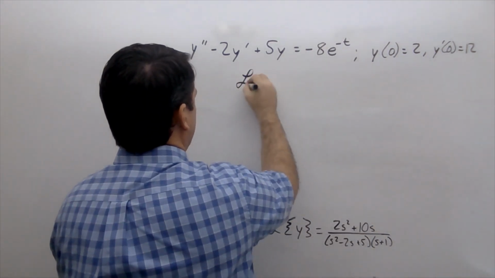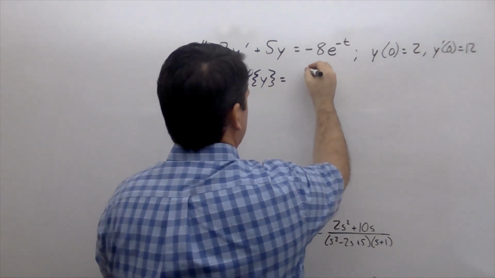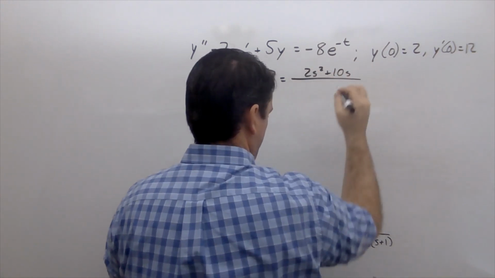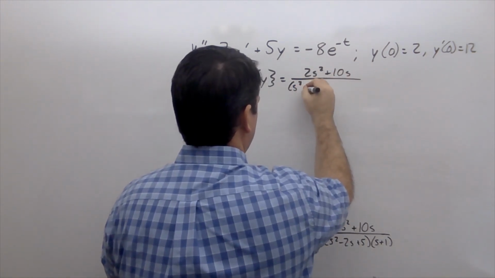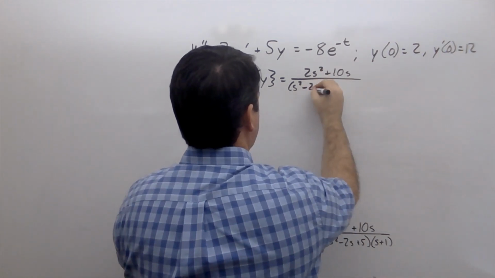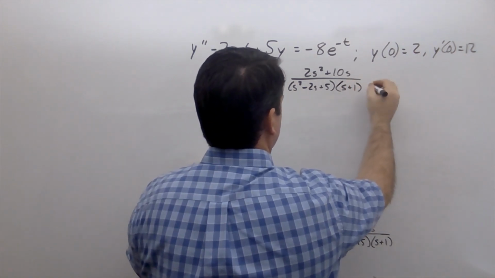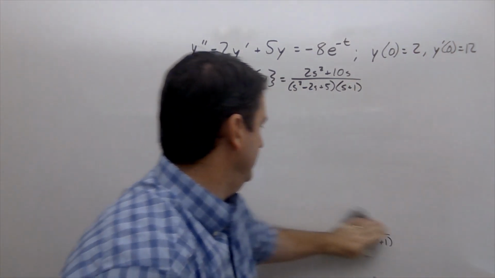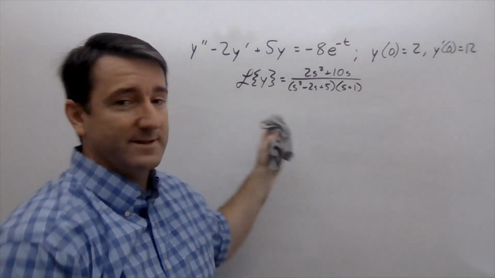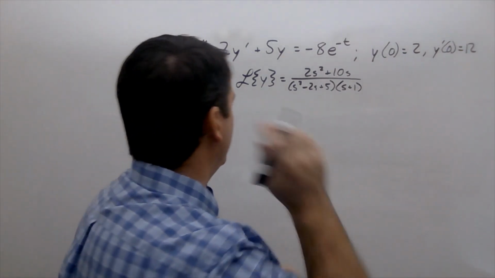So we have the Laplace transform of y is equal to 2s squared plus 10s over s squared minus 2s plus 5 times s plus 1. And this is actually identical to the last example in the last lesson. But I'm going to go ahead and do this again.